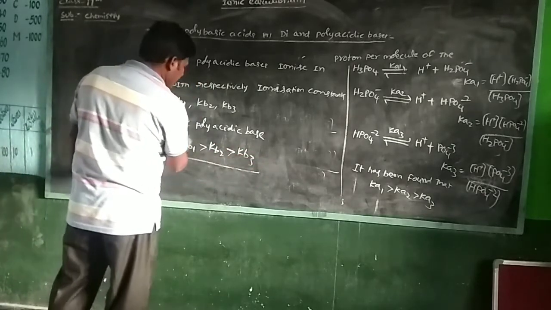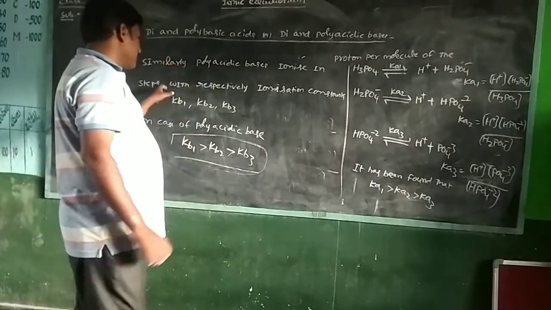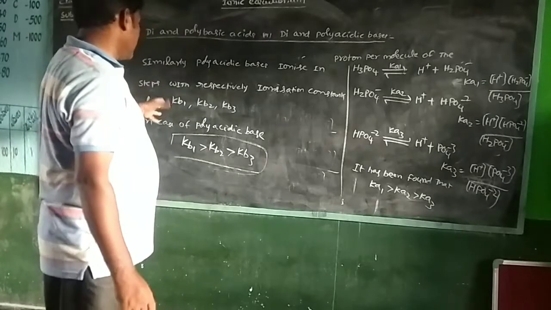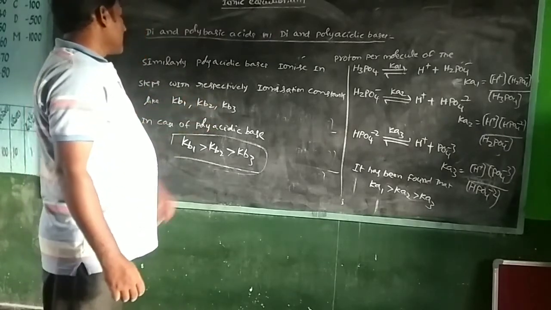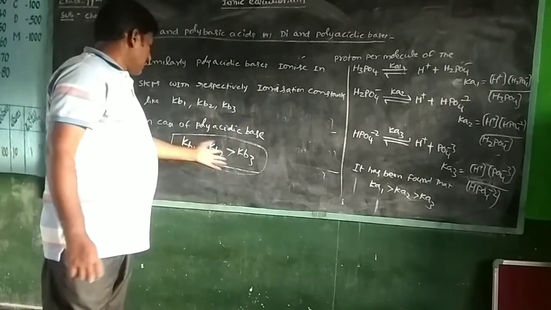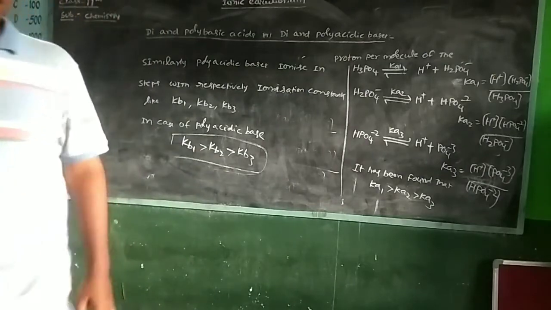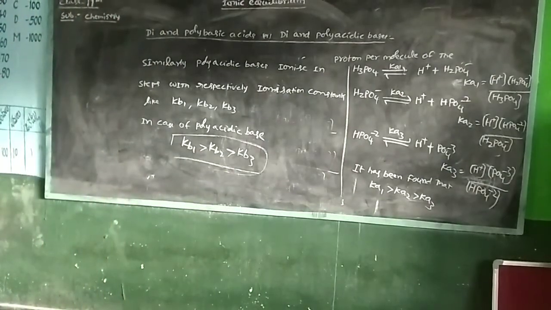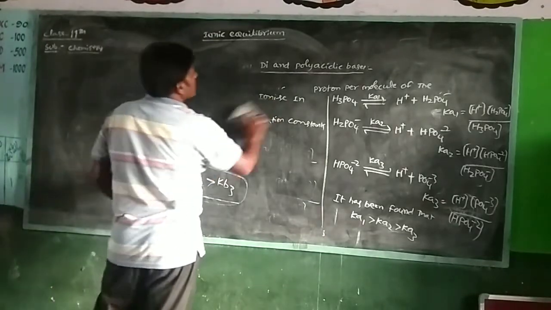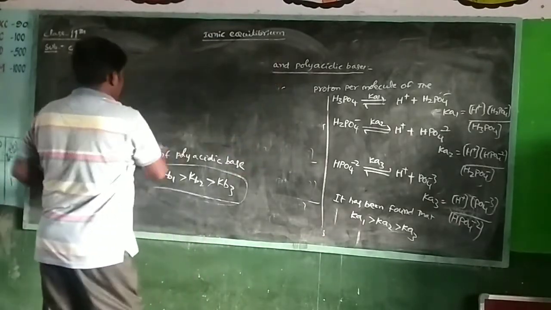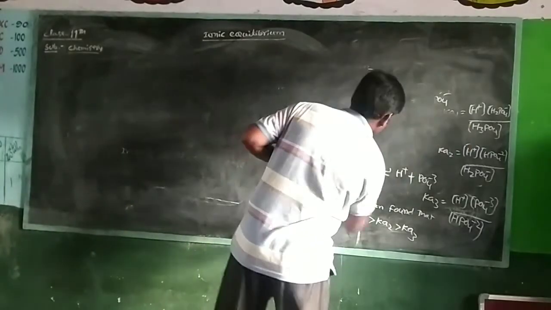Di and polybasic acids and polyacidic bases are complete.